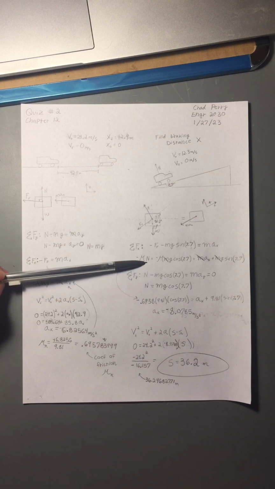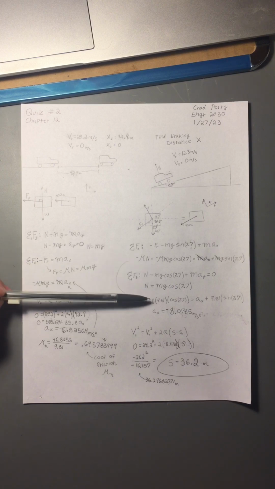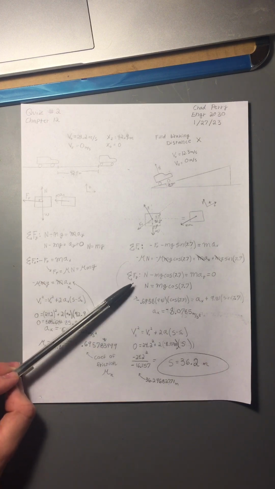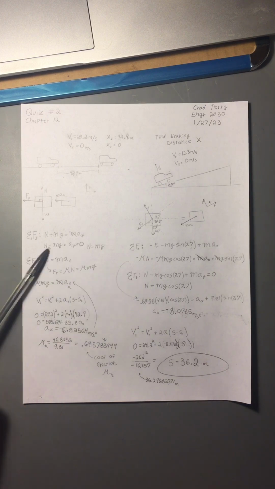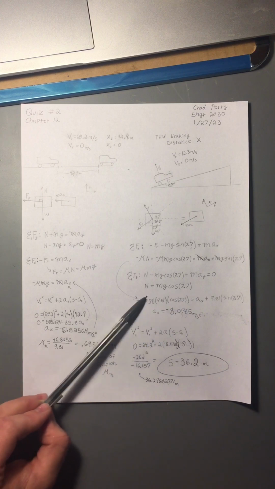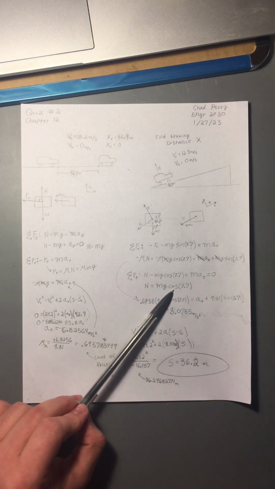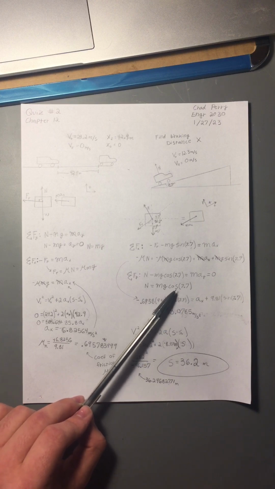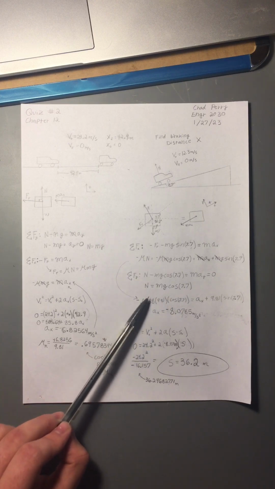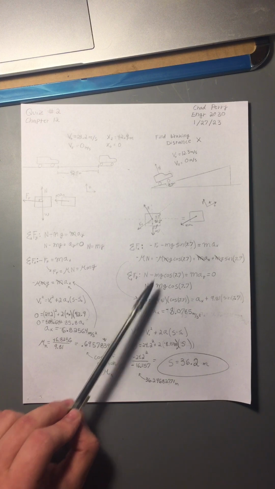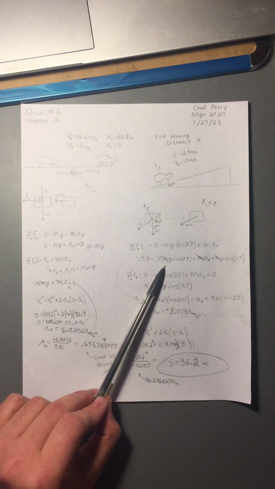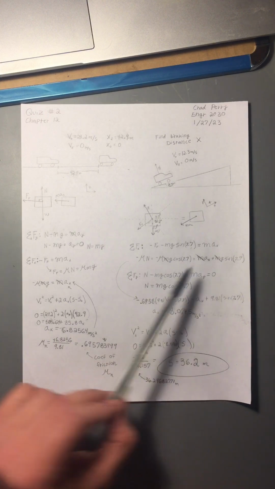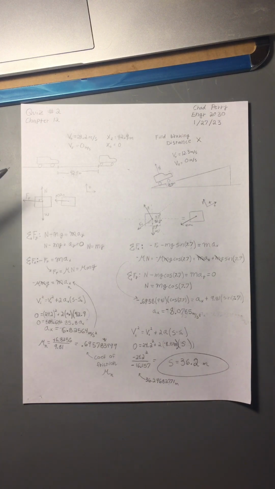And then we can replace our normal force with what we get from y. And so looking in the y direction, similar to over here, we can find what our normal force is, and it's mg times cosine of our given angle, 7.7 degrees. And so replacing our force of friction with mu and our normal force gives us this equation here. And then that equals mass times acceleration.